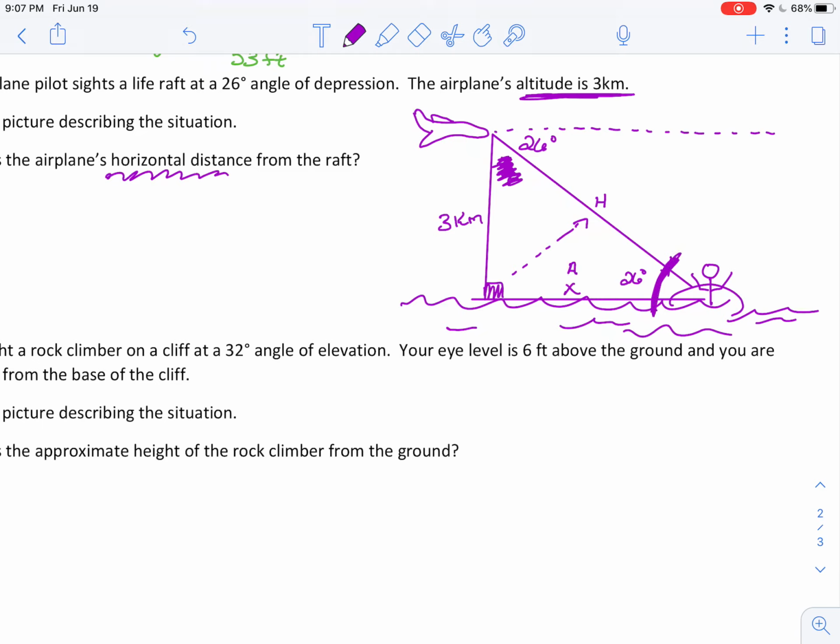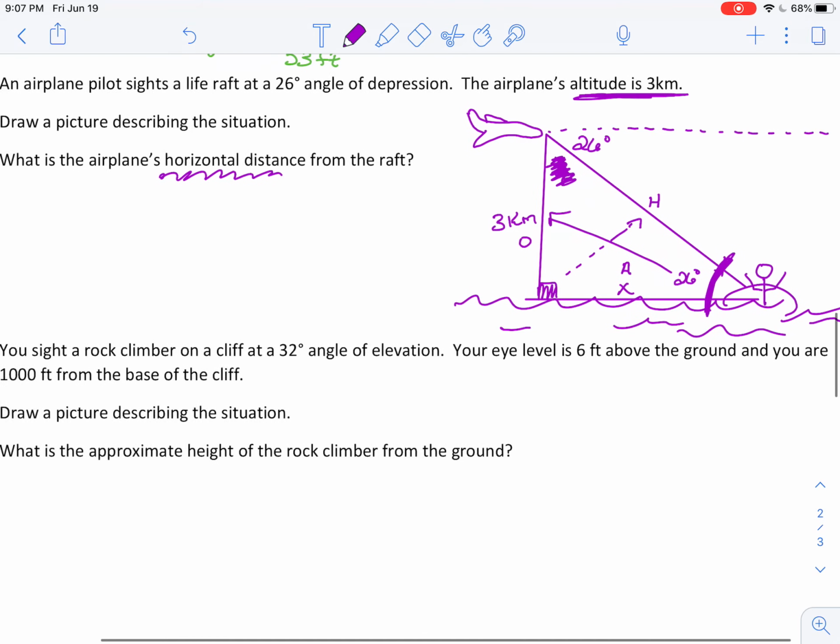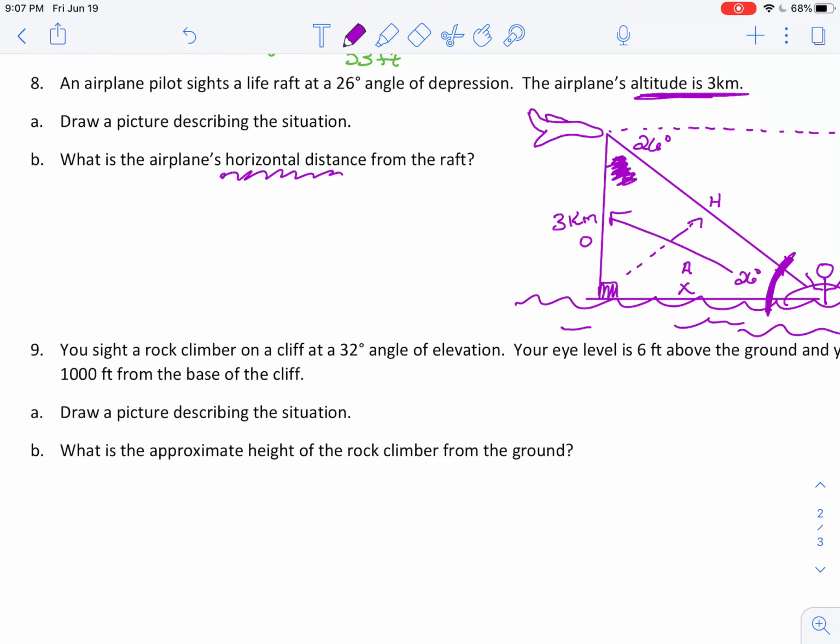From this angle inside my triangle, the x is adjacent to it, while the 3 kilometers is opposite from it. So again, we have a tangent ratio. So tangent of my angle is equal to the ratio of the opposite leg over the adjacent leg.